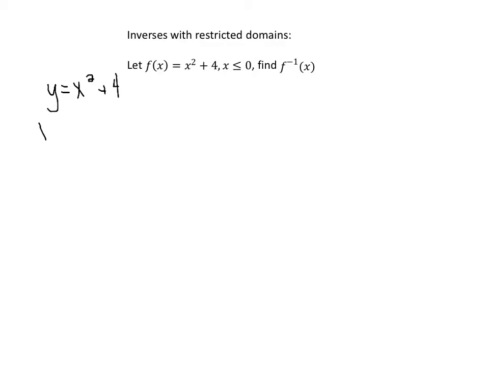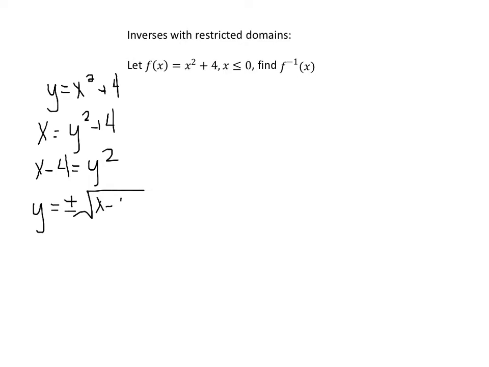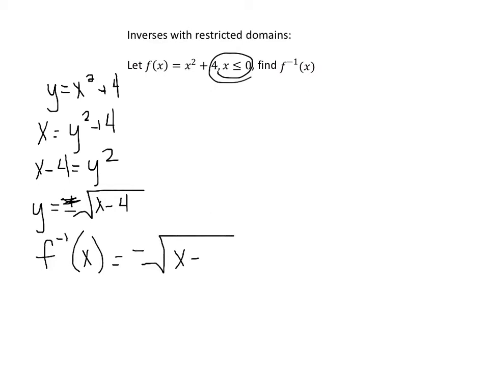Switch the x's and y's, and then you solve. Once you take the square root of both sides, you usually get plus or minus. Well, guess what we were told? Negative values of x. So our inverse here is only the negative square root.